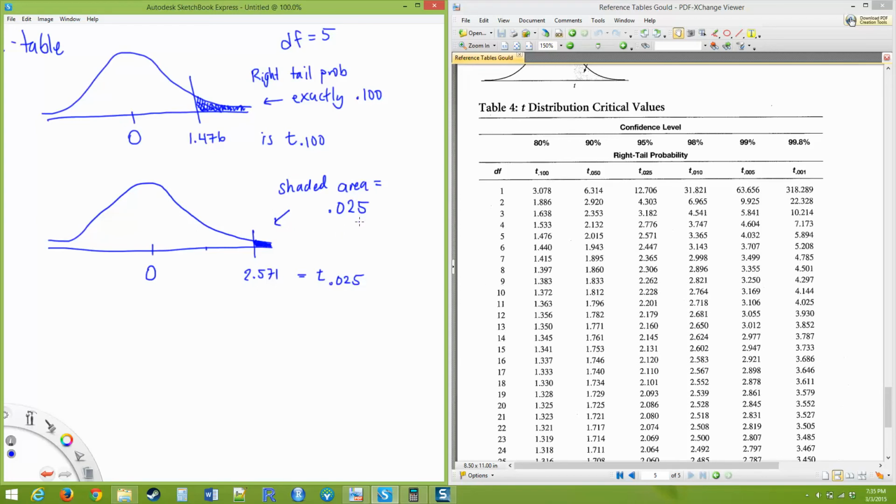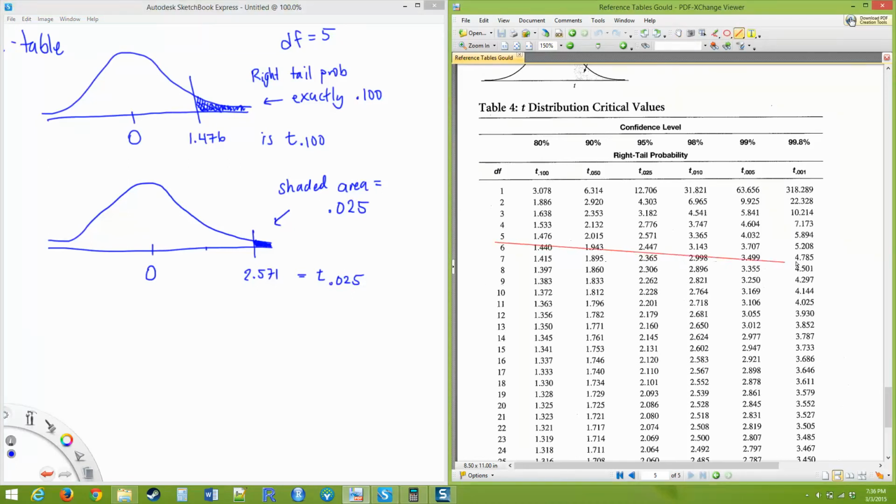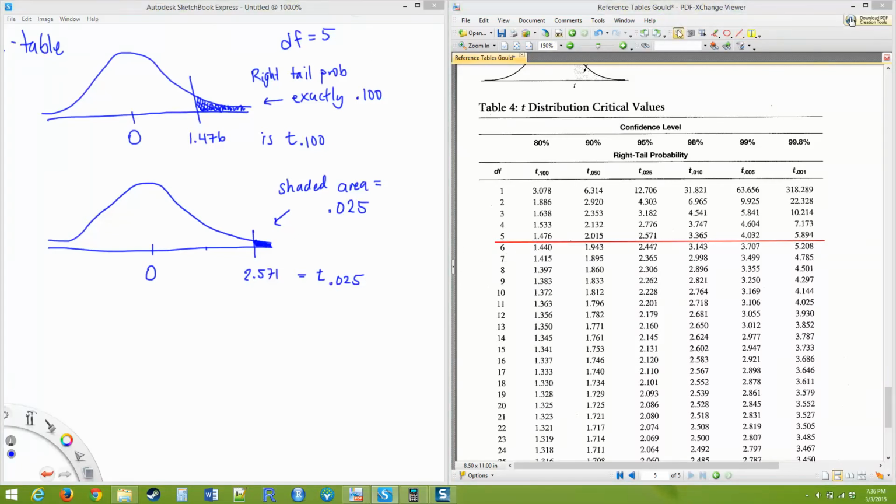Is that clear to everyone? Are you able to see these numbers I'm referring to in this 5th row? With 5 degrees of freedom, if I go to 1.476, the area in the tail is 10%, 0.100.